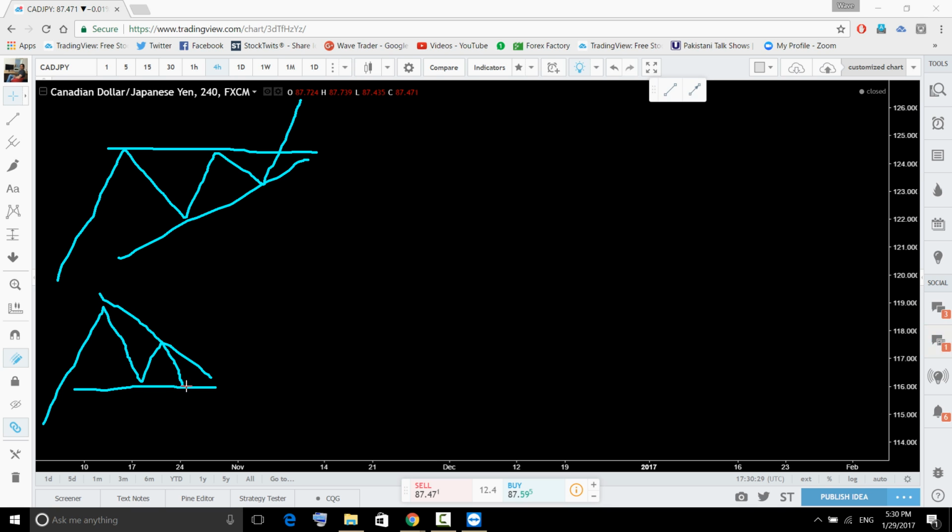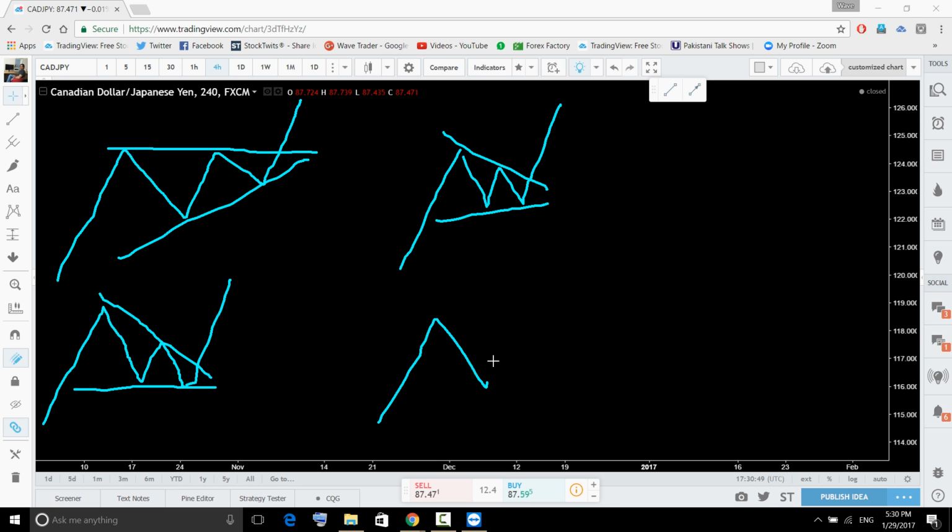Bottom trend line flat, and this is the symmetrical, and this is the expanding triangle.